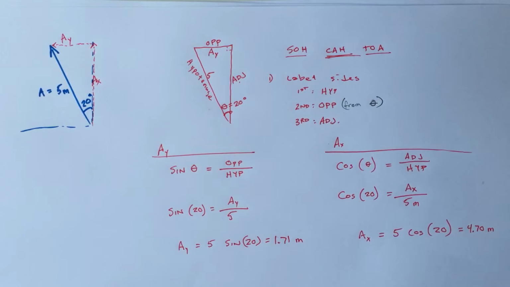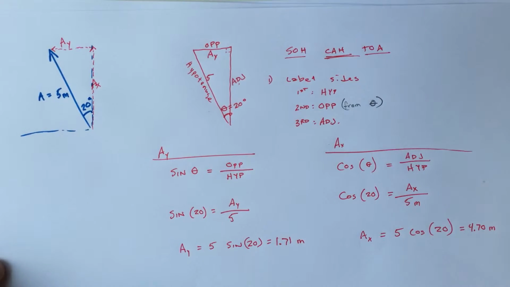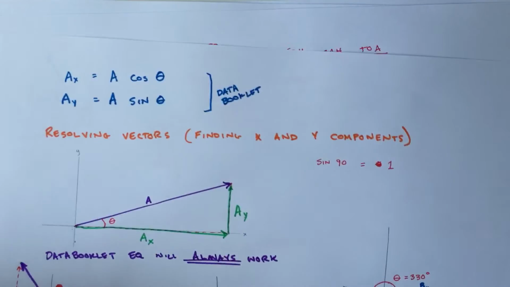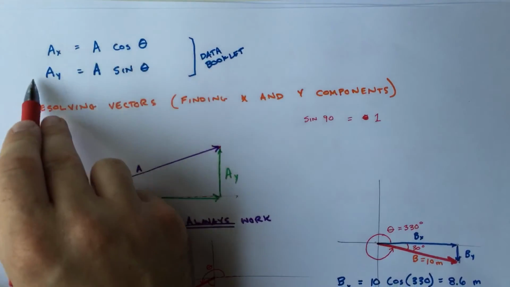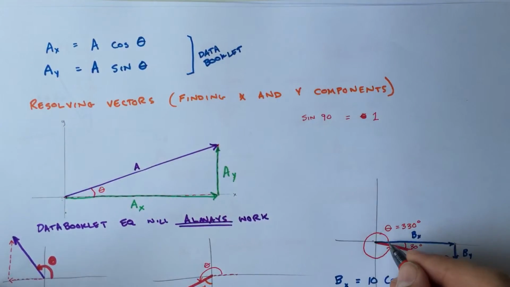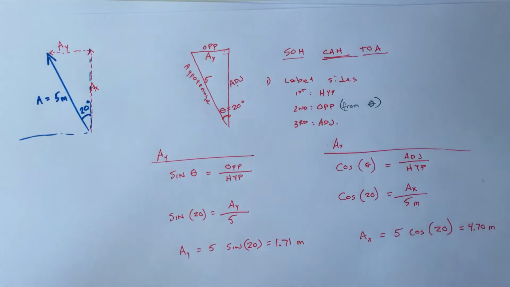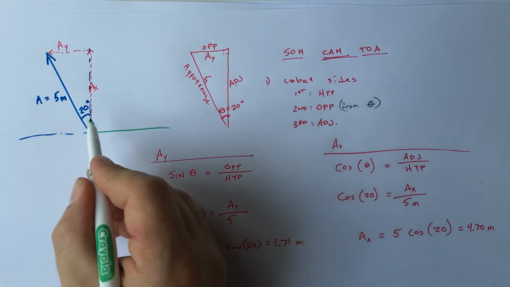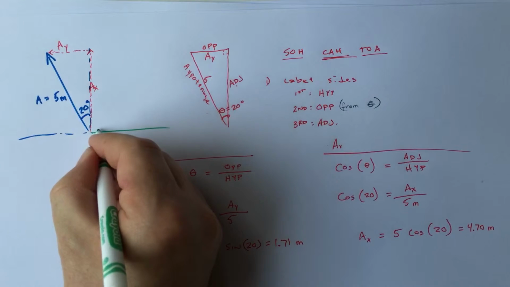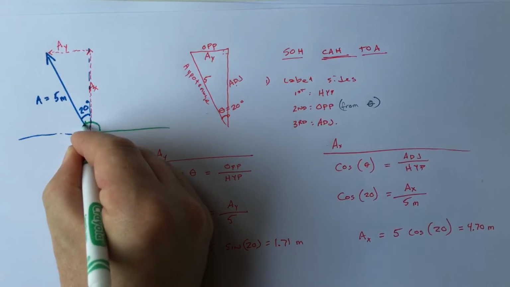Okay, so you can use either system for resolving a vector into its components. One is the data book, these equations that they give you, and always remembering that your angle theta has to start from this point here. So if you're using that system, you just have to say that if this angle is 20, then your theta has to be 90 plus another 20.